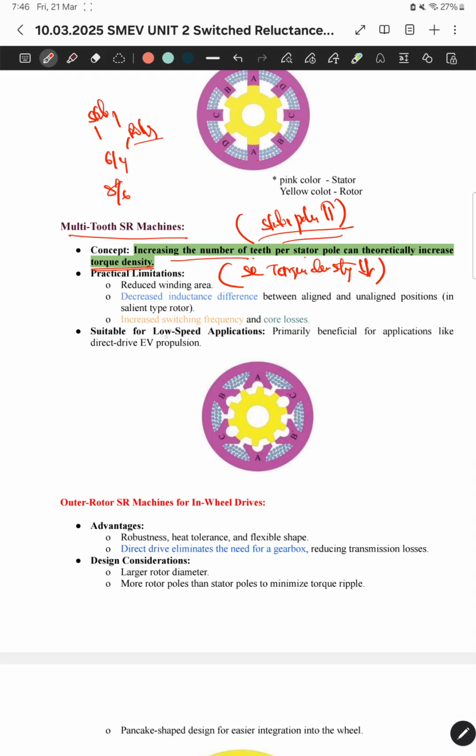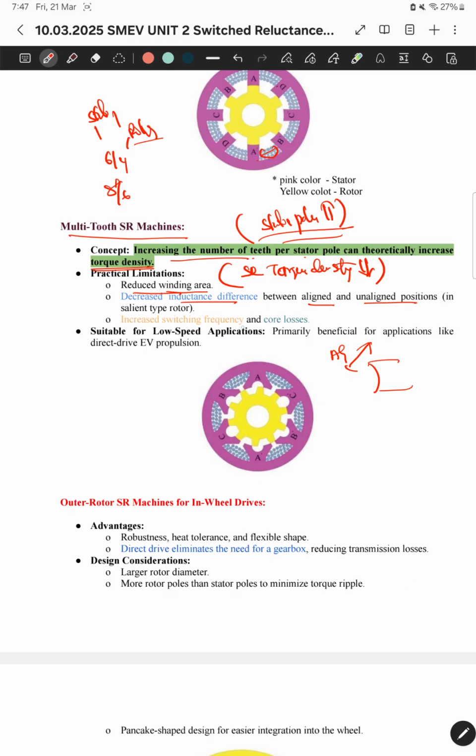So what are the practical limitations here? The winding area is reduced, and there is a decreased inductance difference between the aligned and unaligned positions. Aligned is nothing but the area covered by the pole. Unaligned is the area with the air gap. When the number of poles increases, the winding area decreases, as you see in the diagram.